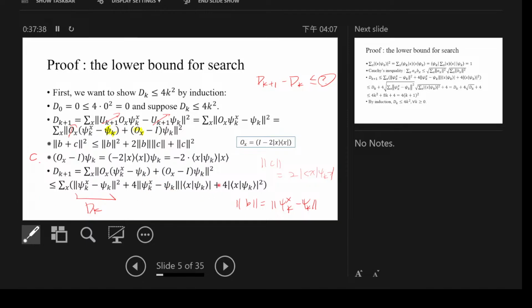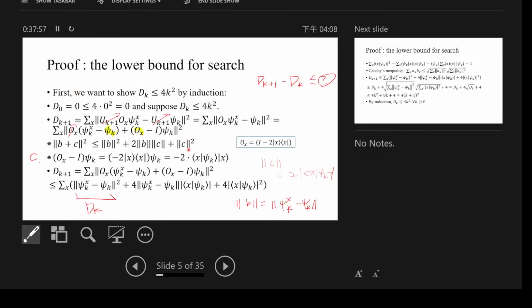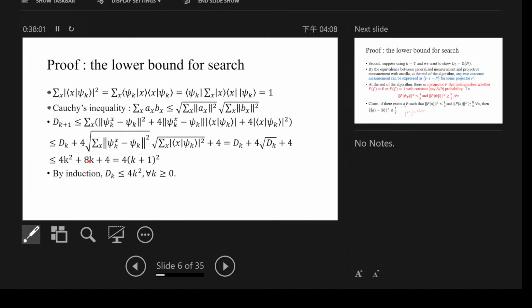And then we have the other part that basically changes how fast we can go up. We want to see what is the sum over x of the norm of x inner product psi k, squared. And it turns out this thing can be very nicely bounded. There are different ways to see this, but it's an easy calculation.